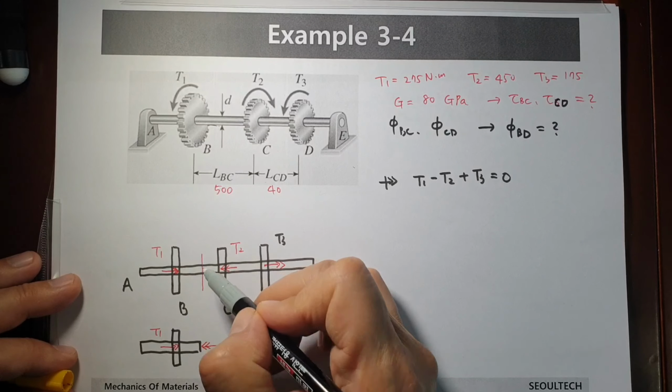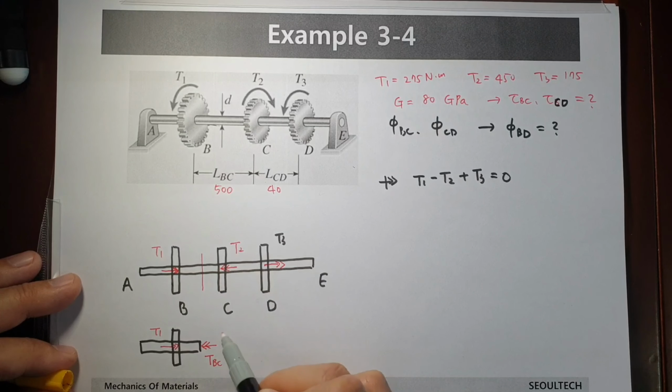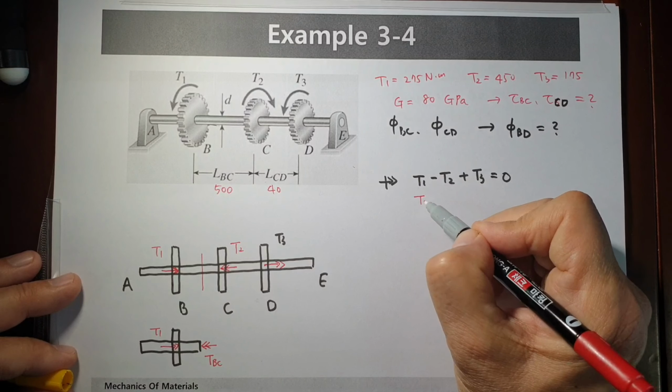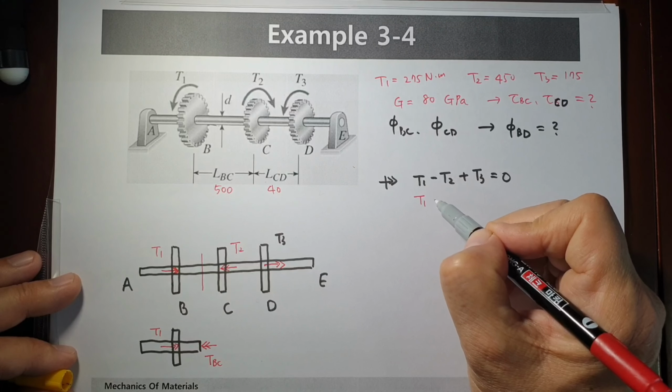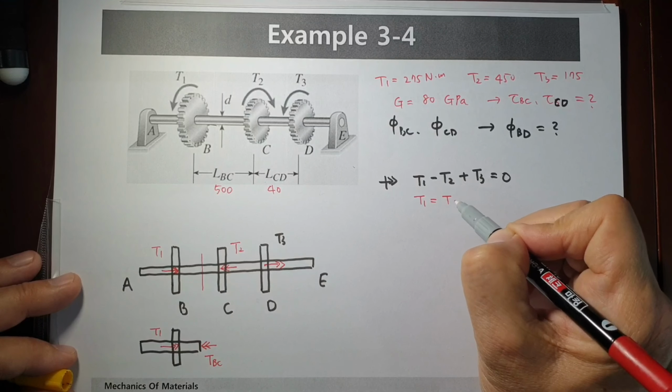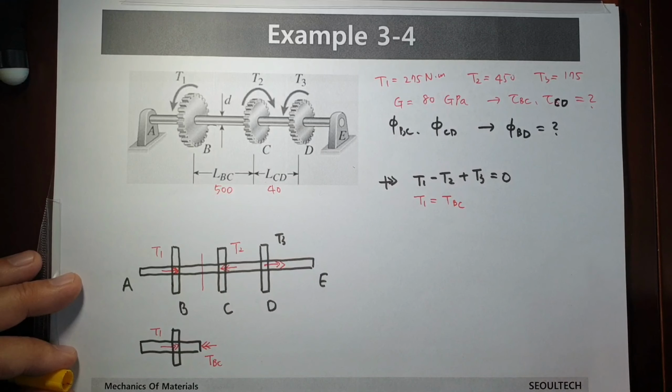When you cut here, you can draw this kind of free body diagram. Then we can say T1 equals TBC. Of course, the direction is opposite compared to T1.